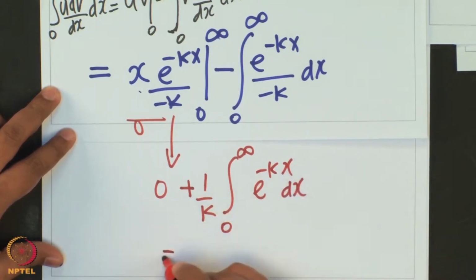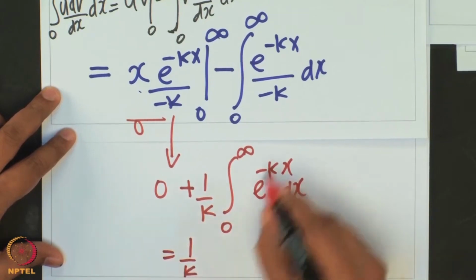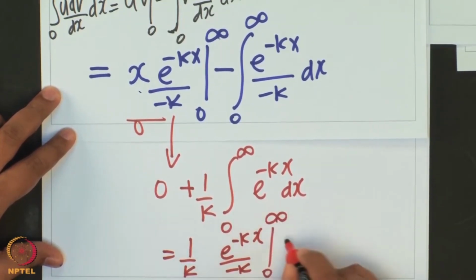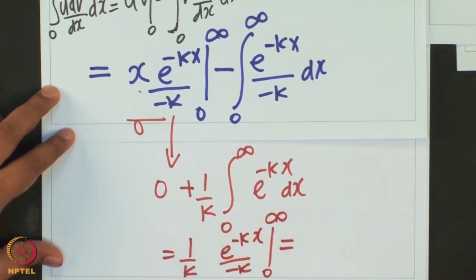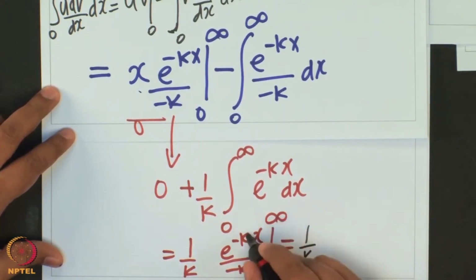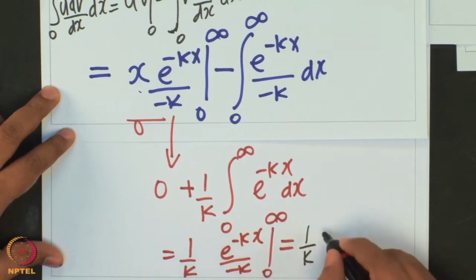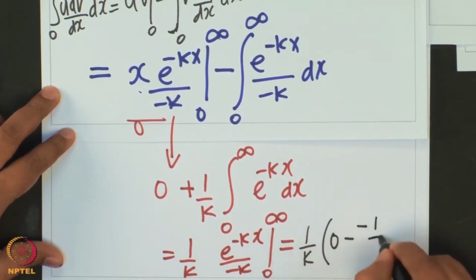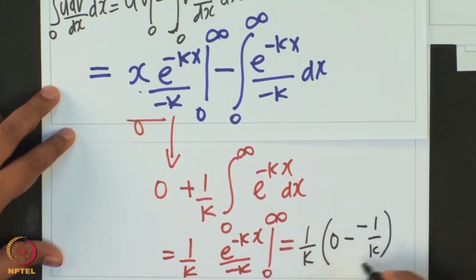And we know that the integral of e power minus kx dx is e power minus kx by minus k, from 0 to infinity. This will turn out to be 1 by k as it is, e power minus infinity is 0, so 0 minus 1 by k, and this would turn out to be 1 by k square.